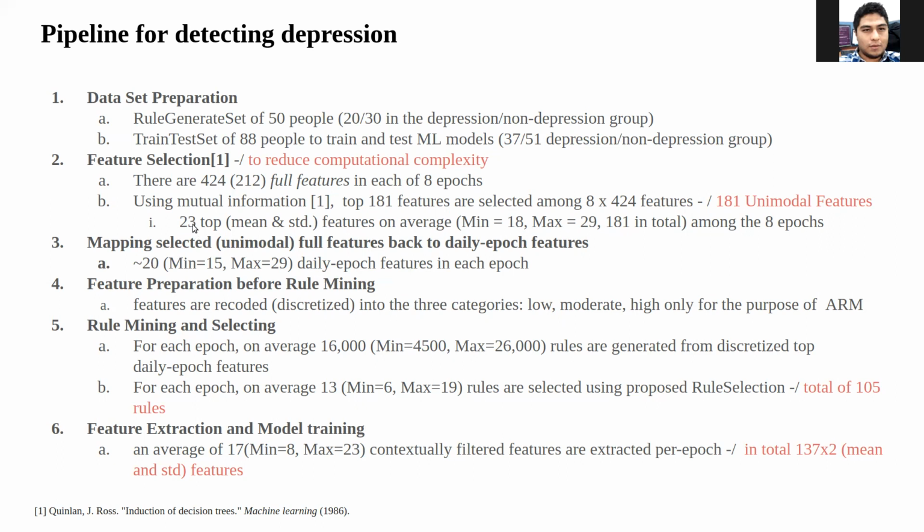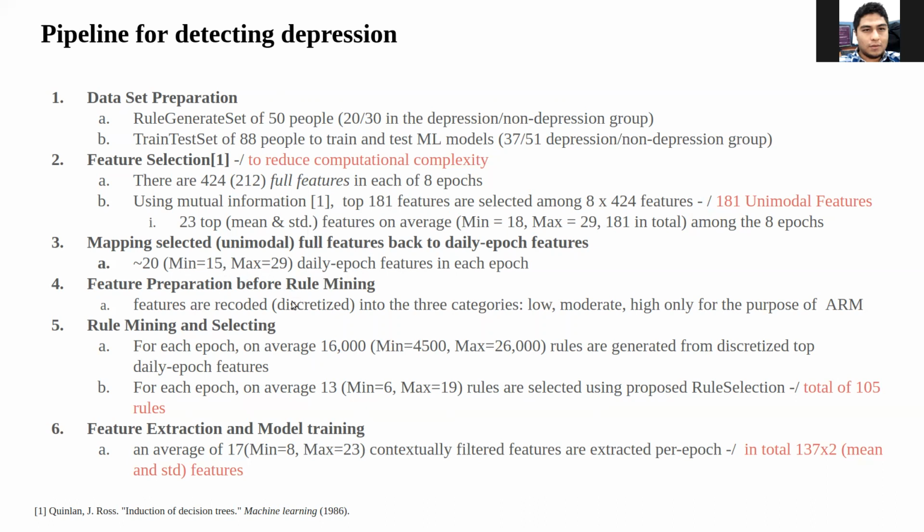So please note this full feature is just the aggregated mean and standard deviation version of the daily epoch features. So once they map those, only these features are going to be prepared for association rule mining.